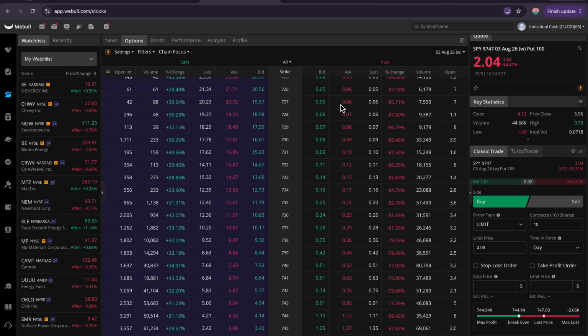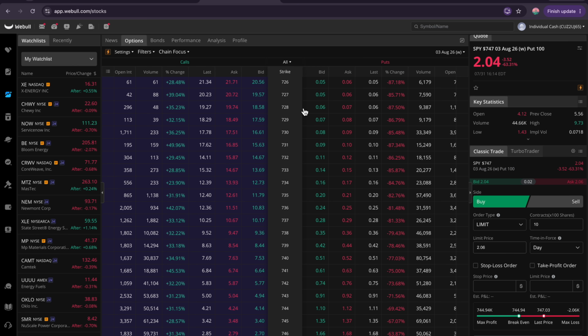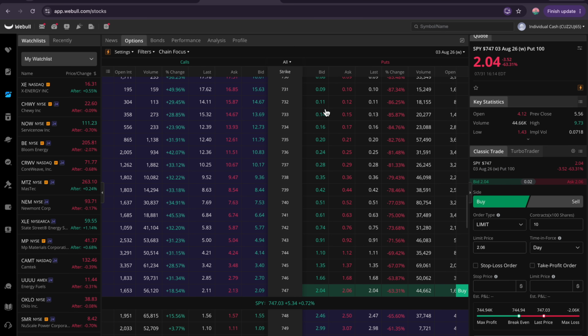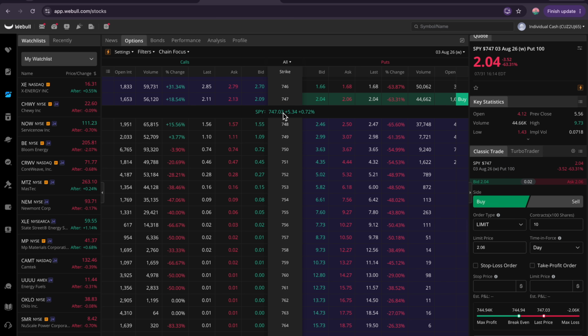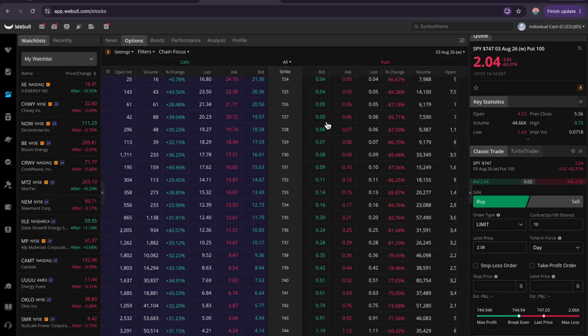That's why you see these puts over here are worthless, because none of those puts are in the money. If we're buying a 728 put, you can see that we are at 747, so there's no way the market is going down there for you to be able to exit this position in good standing.